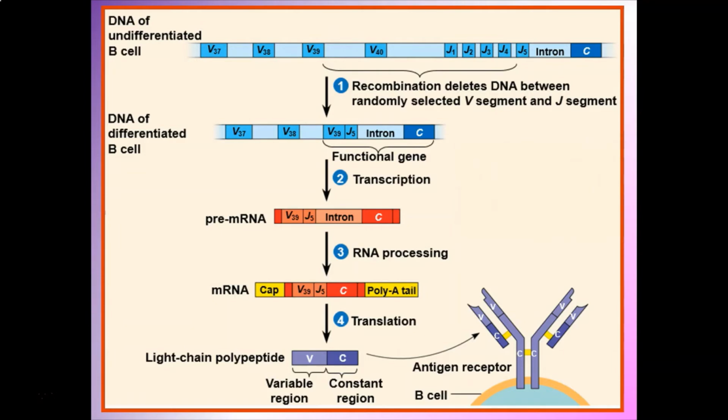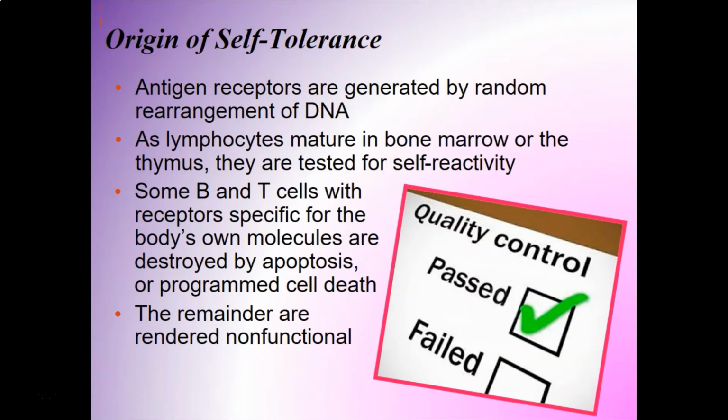Pretty neat. Now, when I think of self-tolerance, oh boy, I get the shakes. I'm so moved by this, it's amazing stuff, right? Think about this. Again, billions of years of evolution showing up here. The antigen receptors generated by random arrangement of DNA we just saw have to be checked, okay? So as lymphocytes mature in your bone marrow or the thymus, your B and T cells, they have to be tested for self-reactivity.